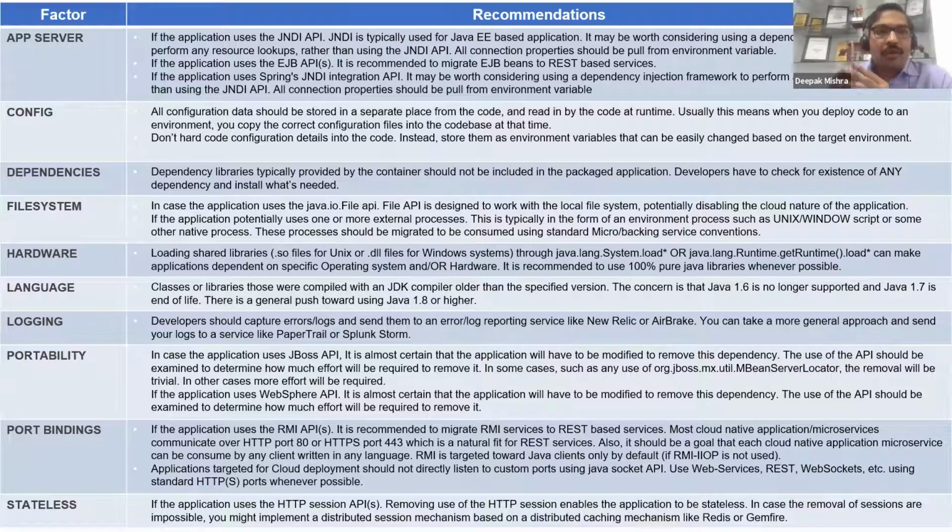Is your goal to bucketize the applications which are most ready for containerization, which need some level of refactoring, and which need a great level of developers' involvement to recode it, or enterprise architect involvement to re-architect it?